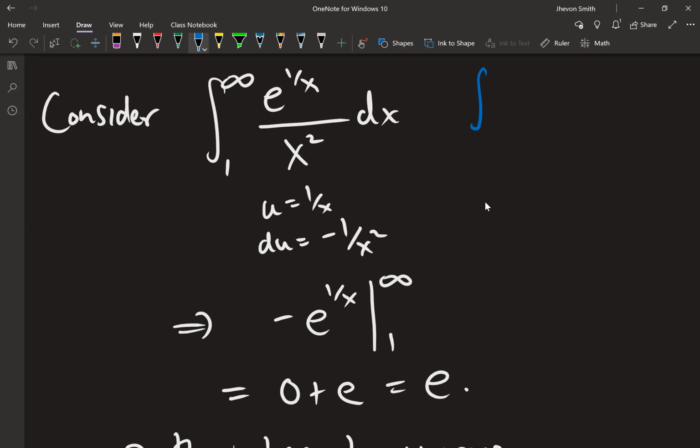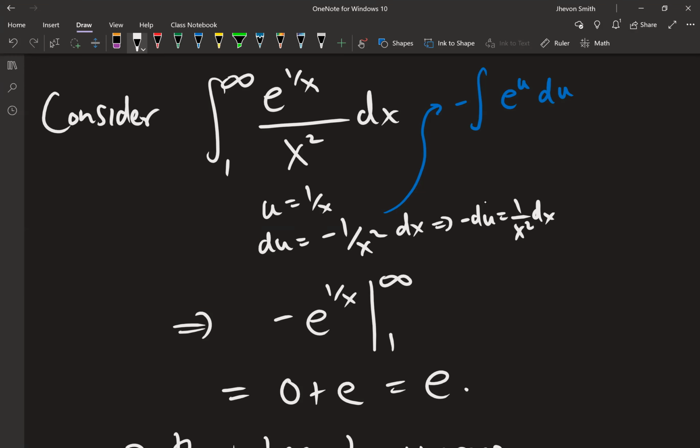This would lead us to minus e to the u du, because the 1 over x squared is minus du. So minus du is equal to 1 over x squared dx.